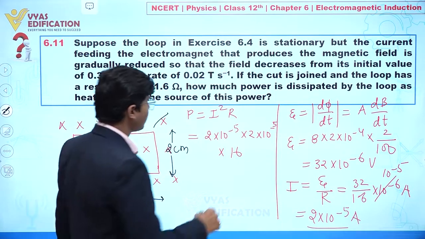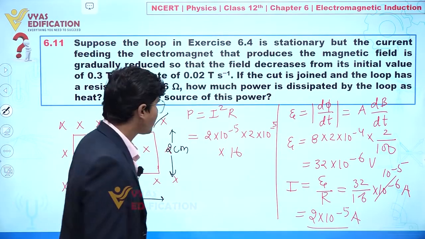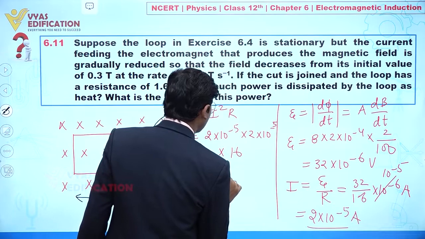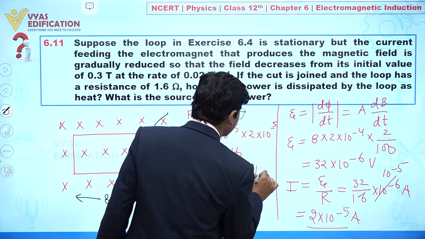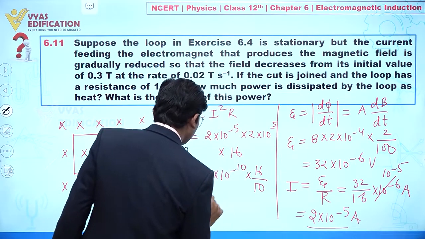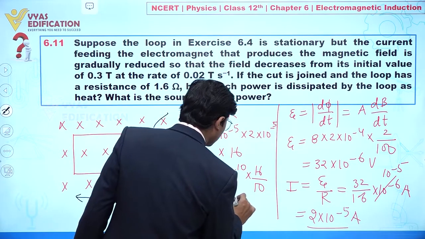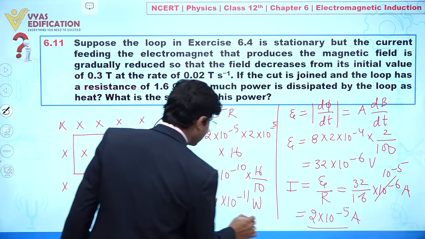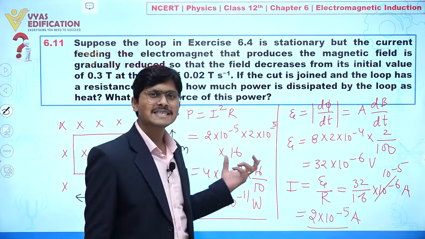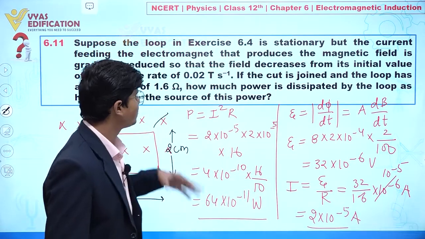So this is 4 into 10 to the power minus 10 multiplied by 16 divided by 10. So this is 64 into 10 to the power minus 11 watt.